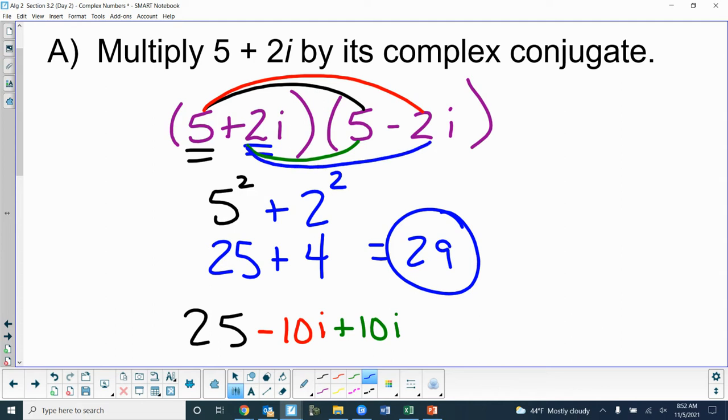And 2i times -2i is a -4i squared. So these two, you see, cancel, right? And then this is -4 times -1, which makes that +4. So again, if you don't remember the shortcut, you can just FOIL it. But I'm trying to help you do a quick, okay?